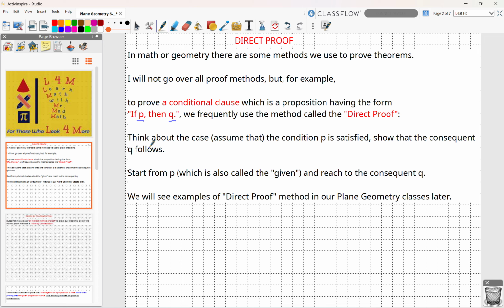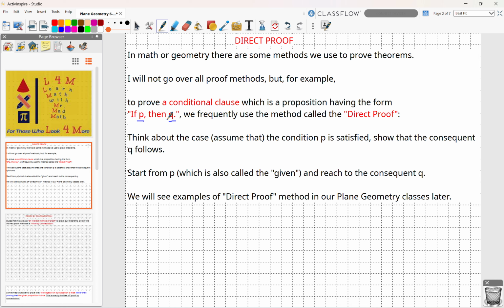In direct proof, we think about the case when the condition P is satisfied, and we try to show that consequent Q follows. So in other words, we assume that P is true and we try to show that Q is true. That's the direct proof.